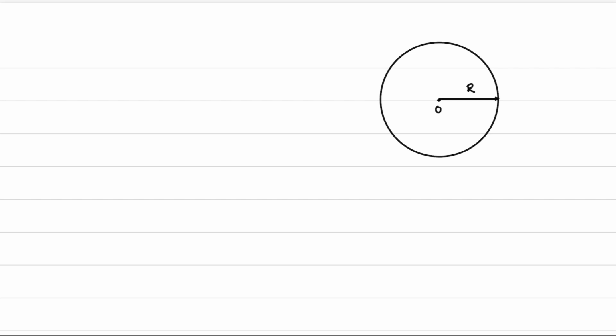The original body's moment of inertia is half M R square, which I have explained in the shorts and also in the previous classes. For a circle of radius R with the axis of rotation at the center, I is equal to half M R square. You are already aware of this.